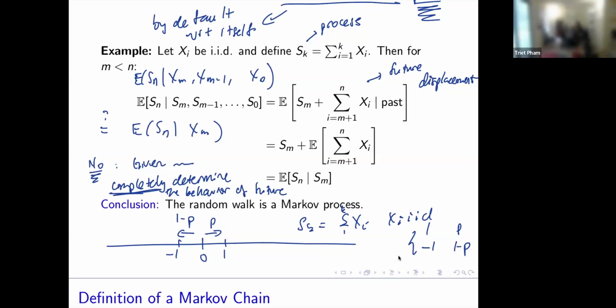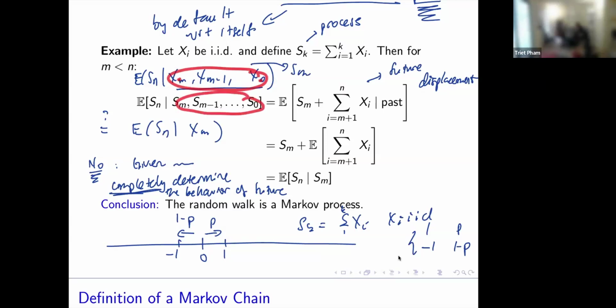Like this, right? First of all, notice, if I have the whole sequence of x0 to xm, in effect, what am I given? I'm given Sm, isn't it? In fact, these informations are equivalent.